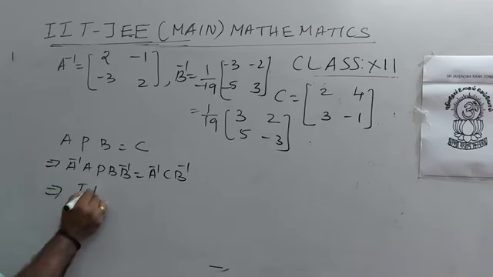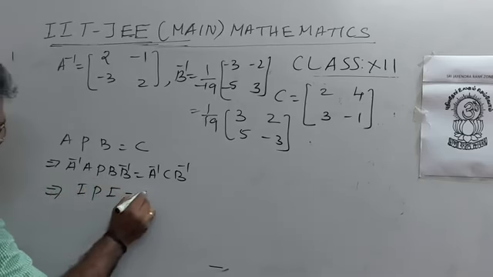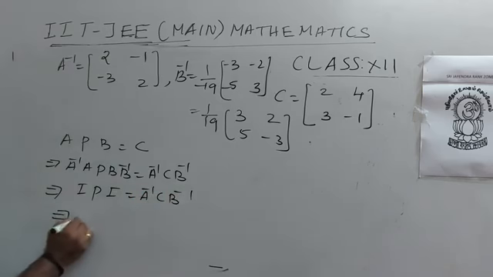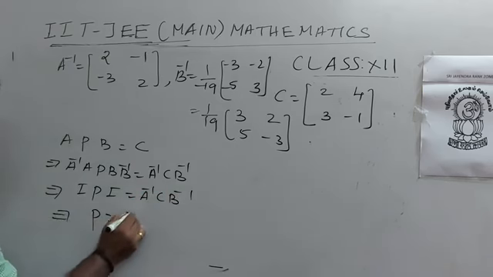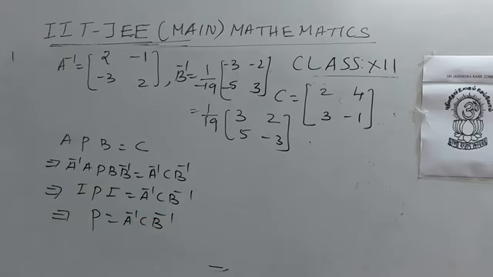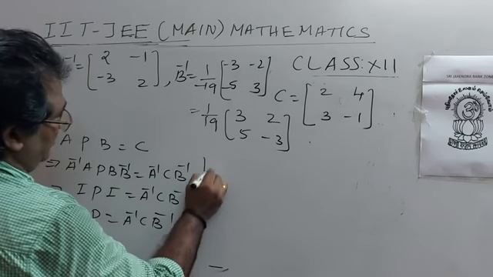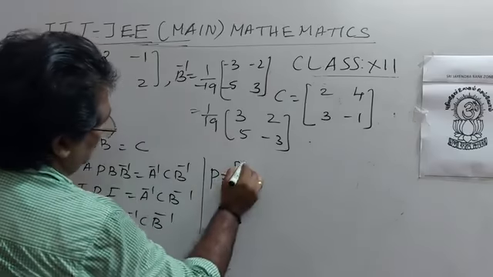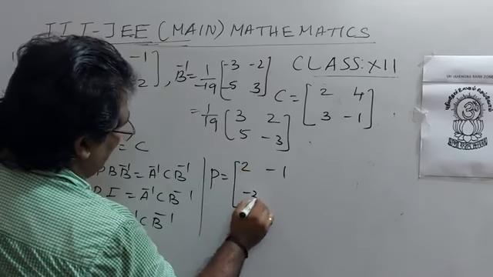A inverse into A equals I, B into B inverse equals I, so P equals A inverse C B inverse. Therefore, P equals A inverse, that is [[2, minus 1], [minus 3, 2]].